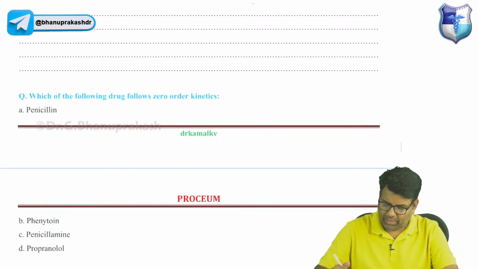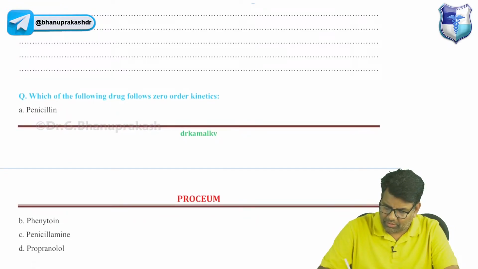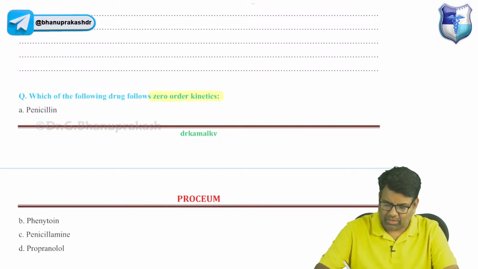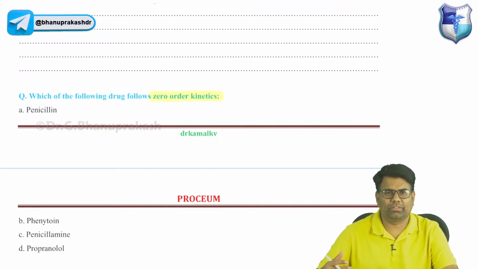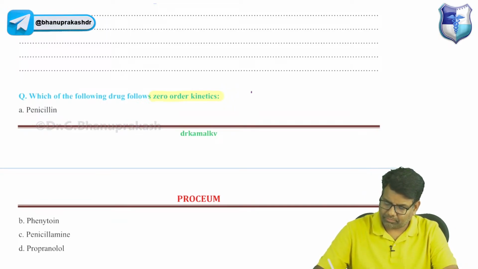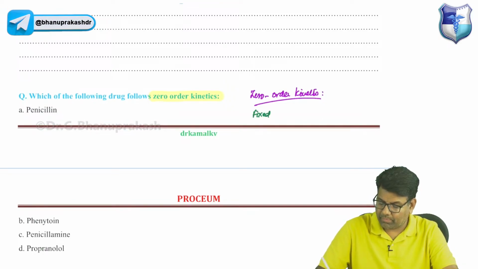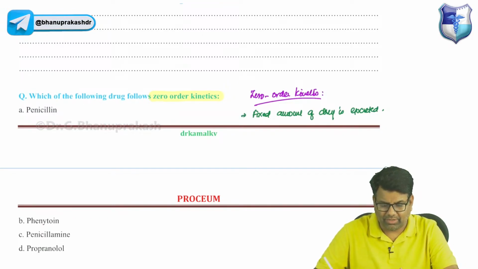Now, which of the following drugs shows zero order kinetics? Before that, we should understand what is zero order kinetics and first order kinetics. In zero order kinetics, there is excretion of the drug, but a fixed amount of drug is excreted.